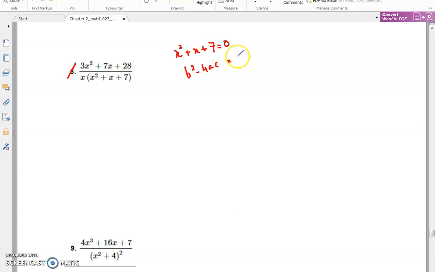So the value of b is 1, to the power of 2, minus 4 times a. Here the coefficient of x squared is 1 and the value of c is 7.